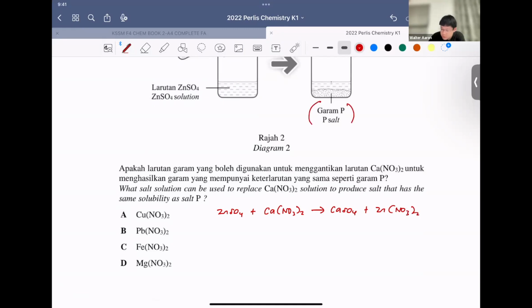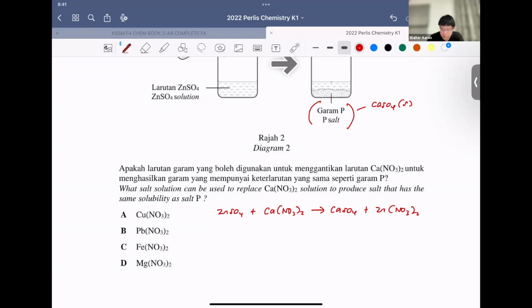So the salt P formed here is supposed to be a precipitate, and this is referring to calcium sulfate, an insoluble salt. So it's asking, if you want to replace calcium nitrate with something else which will produce another insoluble salt, what would it be?